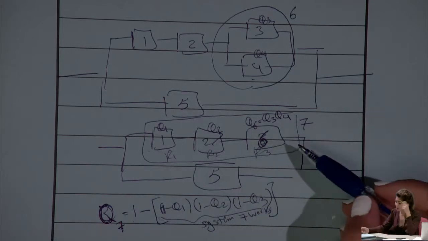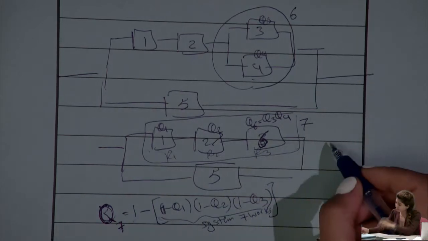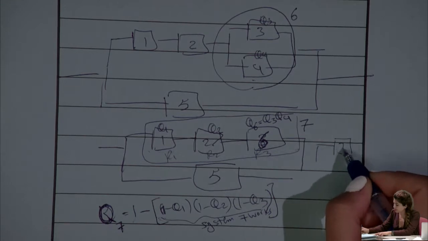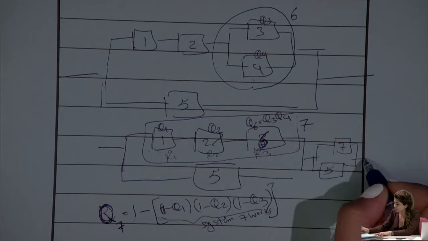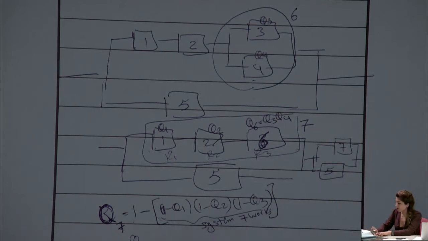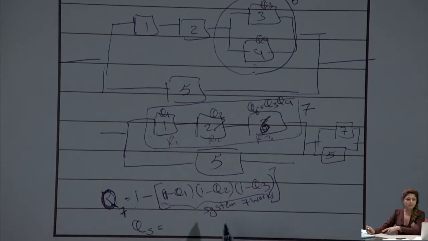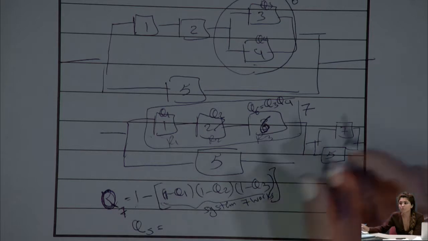Now if I want to calculate the failure of the 7 and 5 system, so you have 7 on the top and 5 is parallel to that, and we want to know the final Q, which I call QS, that the whole system fails. It's going to be the multiplication of these two, since both systems must fail.